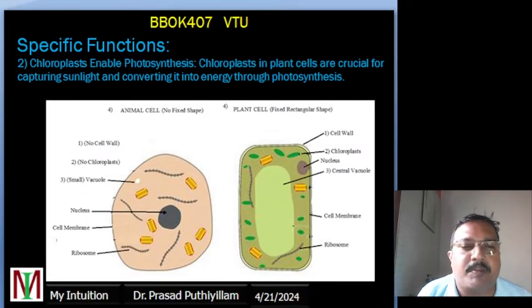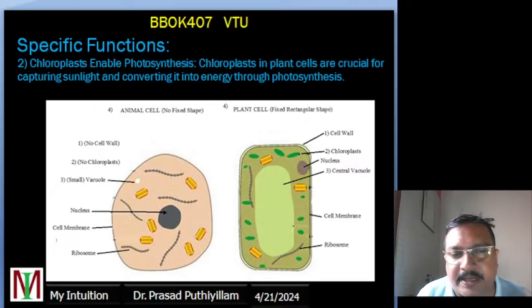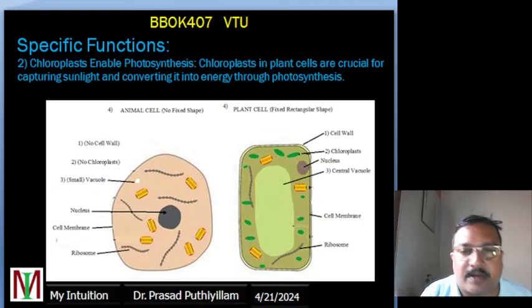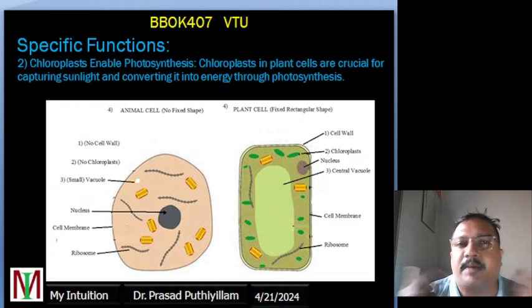Now the chloroplast, explained already, is involved in photosynthesis. They are the tiny power plants within the plant cells, containing chlorophyll, a pigment which captures the sunlight, and the water content in the cell through a process called photosynthesis. The chloroplast uses sunlight, water, and carbon dioxide to produce energy.